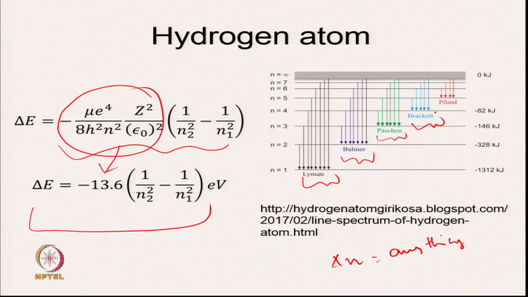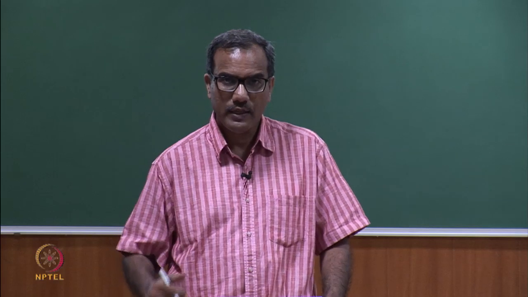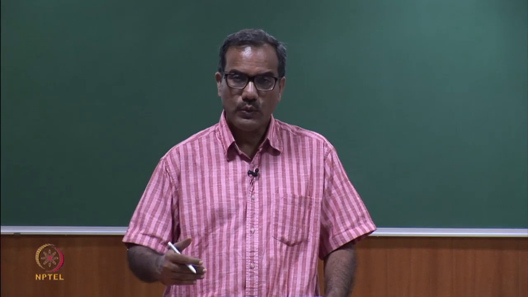Similarly, the Brackett series corresponds to transition between n is equal to infinity to n is equal to 4, n is equal to 7 to n is equal to 4, n is equal to 6 to n is equal to 4. So, any higher value of n to n is equal to 4.